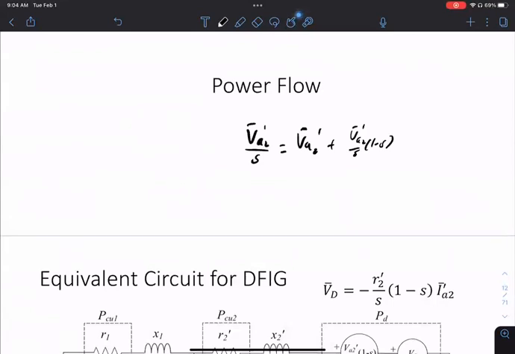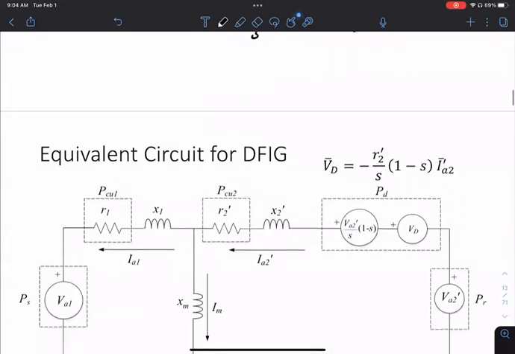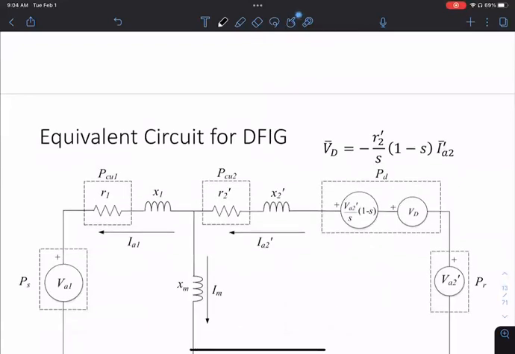The advantage of writing it this way is the way we think about it: this exists because I have a slip. So this is why you need a gearbox. You still need a slip for this one. This exists because of a slip, right? This VD certainly depends on S. This term certainly depends on S. So this comes out because there's a speed difference between your rotor and your stator. This exists independently.